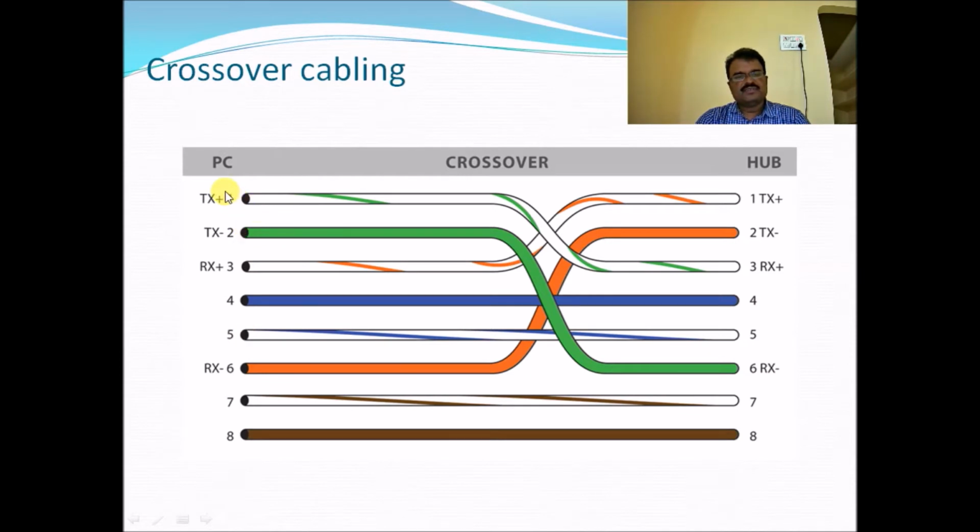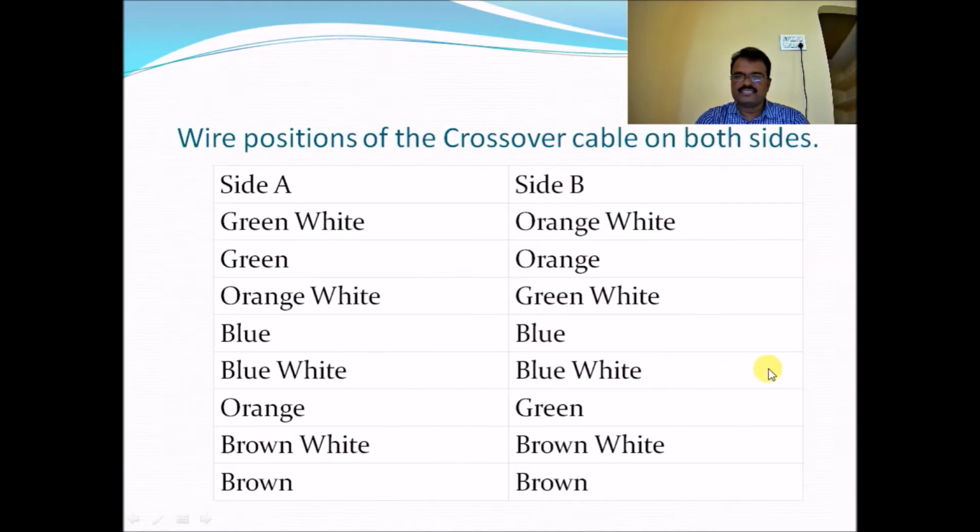This is used for transmitting data, pins 1 and 2 at one end, and pin 1 is connected to pin 3, which is used for receiving at the other end. And pin 2, which is used for transmitting at one end, is connected to pin 6 for receiving on the other end.